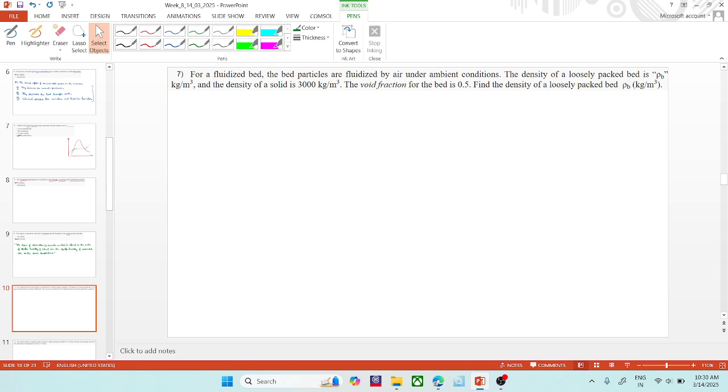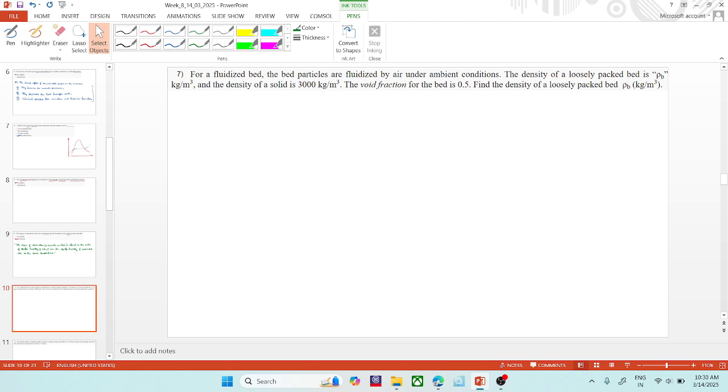is the numerical problem. The problem statement is for a fluidized bed. Actually, this problem is from the next week, I think. We will anyway solve it here.